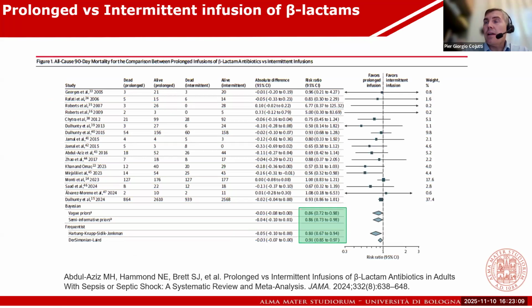We observe interesting things even recently, and I will tell you in a few minutes what the recent literature in this population says about prolonged versus intermittent infusion.